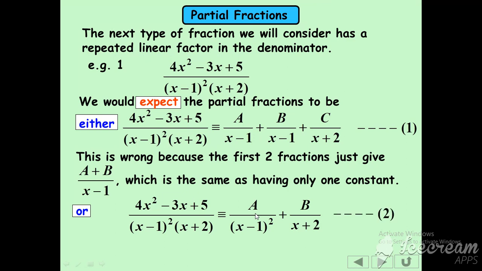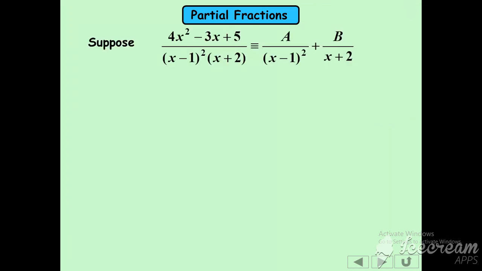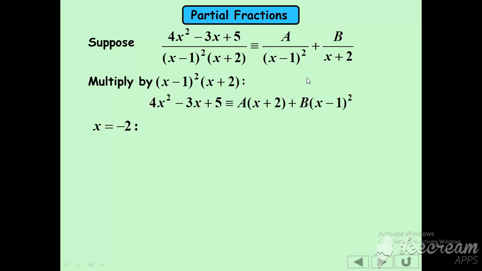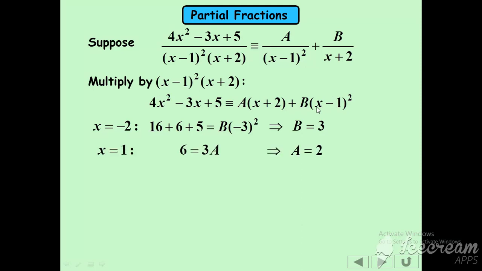If you try here, you will write this, and then while you solve by the process of type 1, putting x equal to minus 2, you can eliminate a here and you will get the value of b. b is 3. Look, and then if you put x equal to 1, you can eliminate b and you will get a is equal to 2.